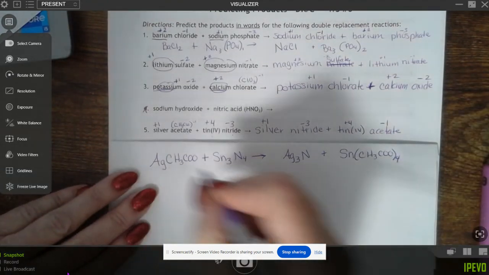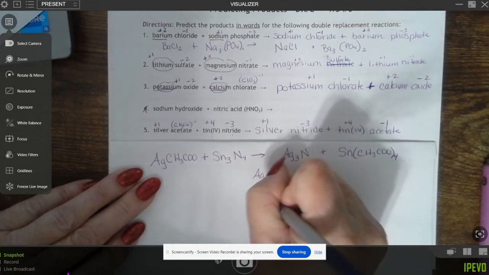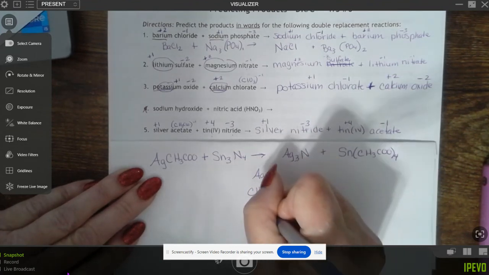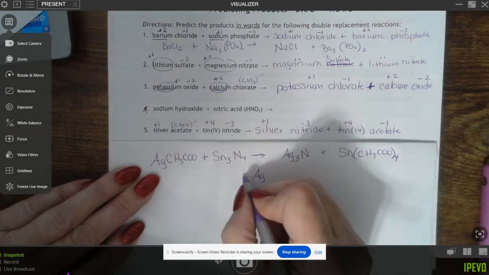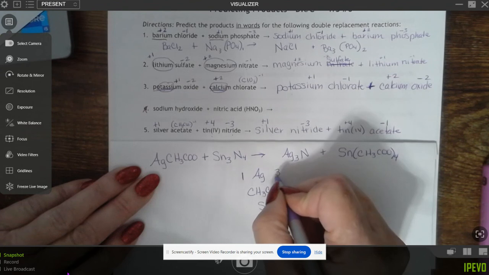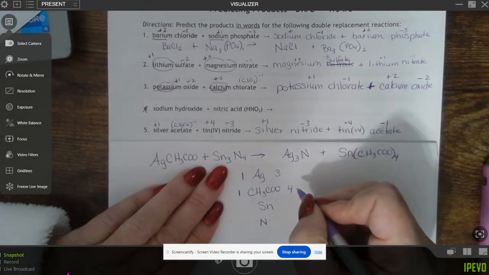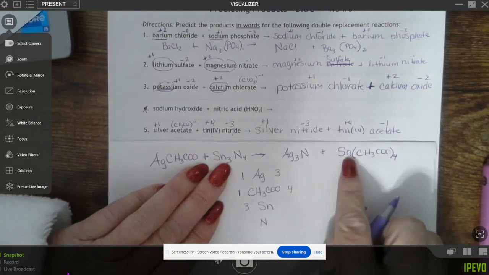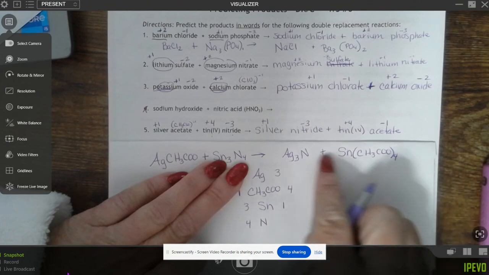Whew, let's balance. So I have silver, I have acetate, I have tin, and I have nitrogen. So 1 silver, 3 silver, 1 acetate, 4 acetates, 3 tin, 1 tin, 4 nitrogen, 1 nitrogen.